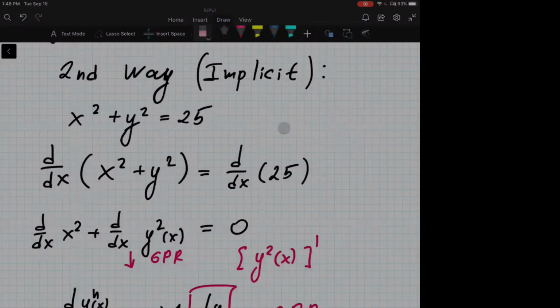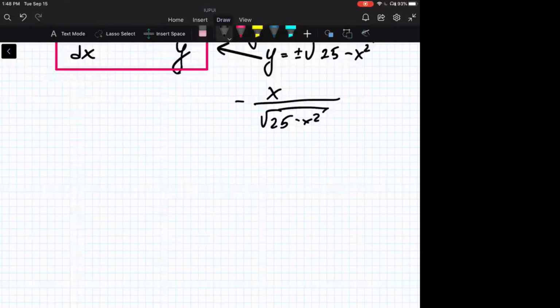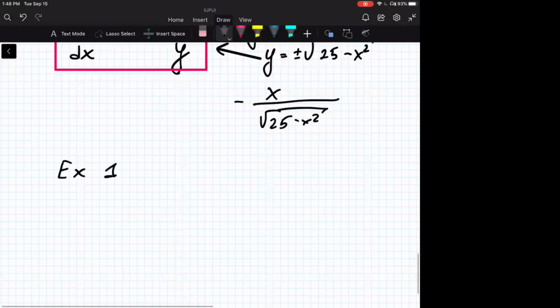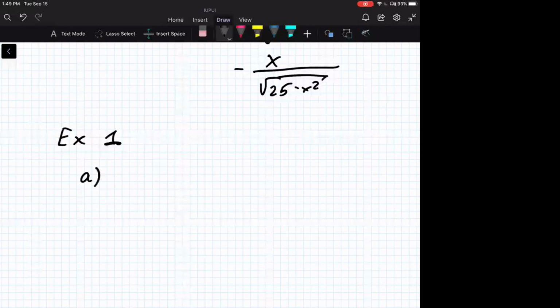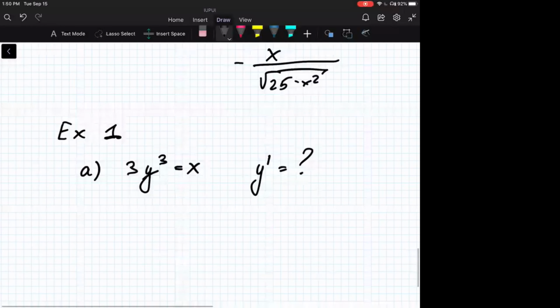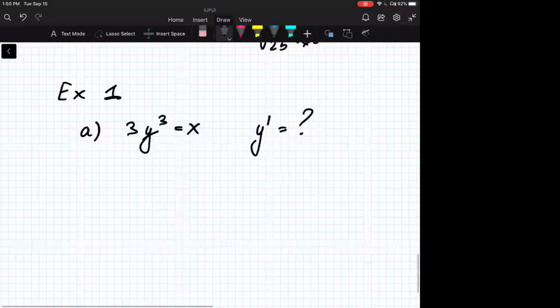Okay, more examples. Example number 1 from the textbook, part A, which is 3y cubed is equal to x, and we want to find the derivative of y. Again, you can express y in terms of x in this case, but let's practice with implicit differentiation. So again, the first step is to consider the derivative of both sides.